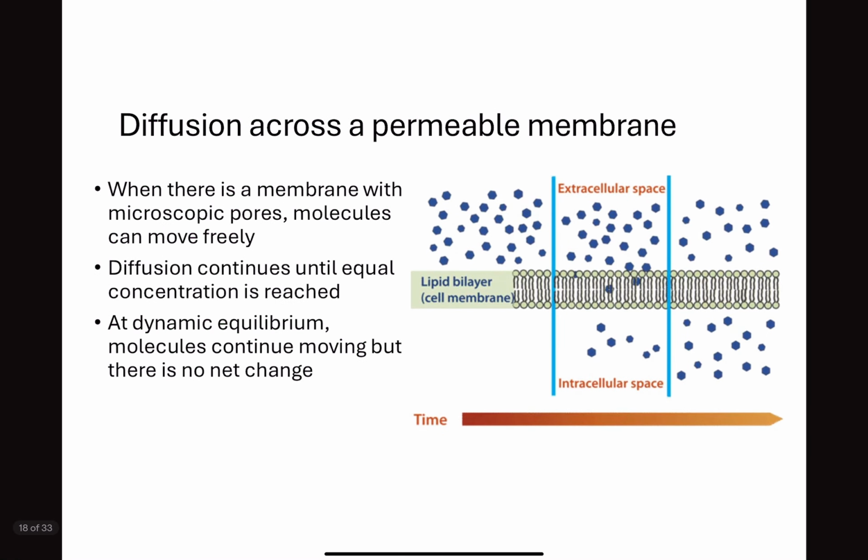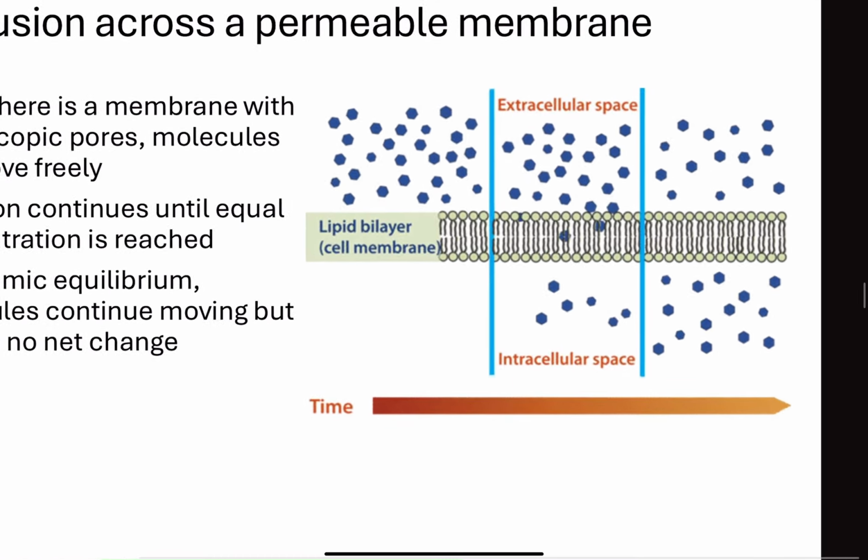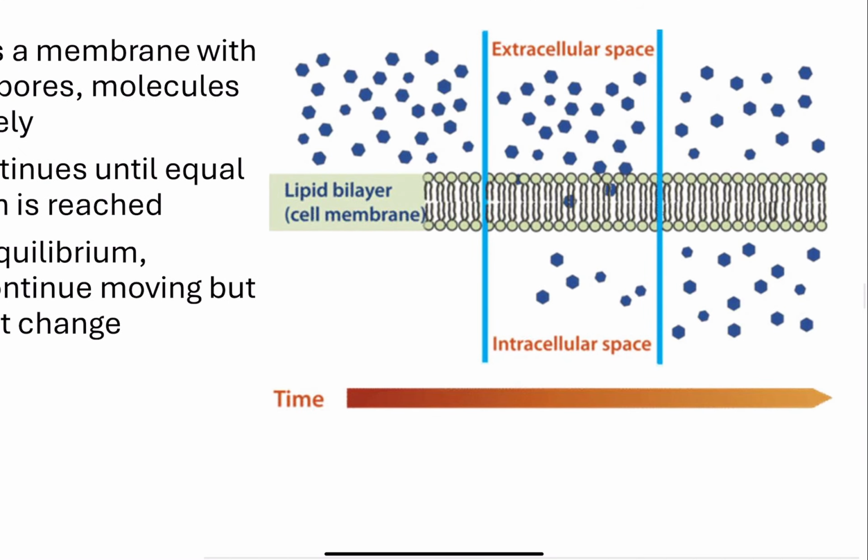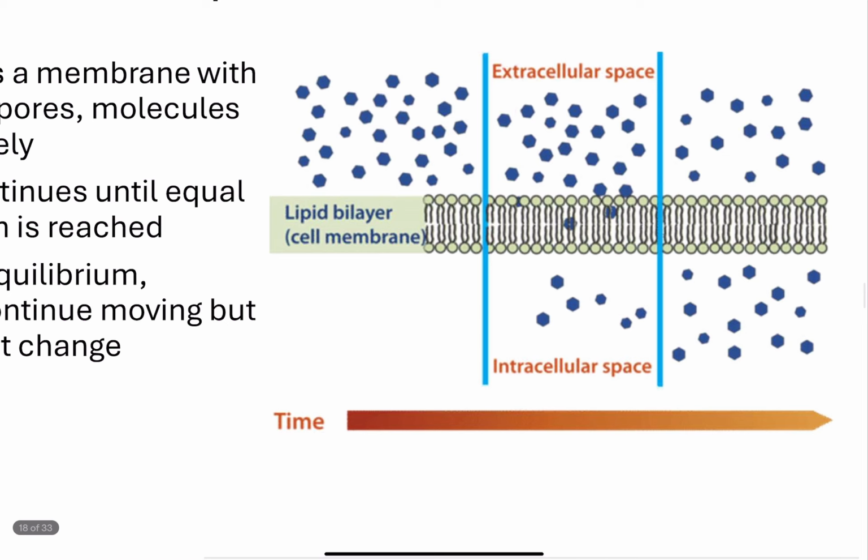So when we're talking about diffusion across a permeable membrane, we can imagine that there is a permeable membrane that has microscopic pores that are permeable to the molecules that we find in the solution. So let's just say that this right here is our membrane. And what we're seeing is that we have a bunch of molecules right around here, all these molecules in our extracellular space.